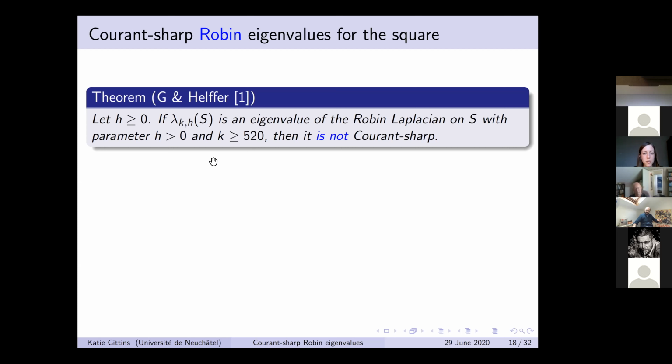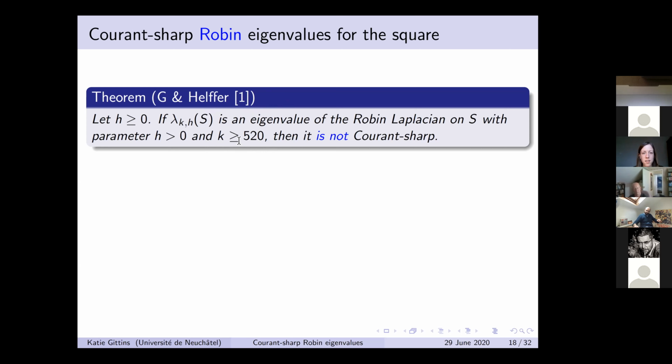And if you remember back to the Pleijel result that we mentioned earlier, for the square there's only 3, and when Pleijel does this kind of reduction, it brings k down to at most 34. And even for Helffer-Persson-Sundqvist, when they do in the Neumann case this reduction for the square, it brings k down to 208. So here we still have a great deal more than what was even in the Neumann case.